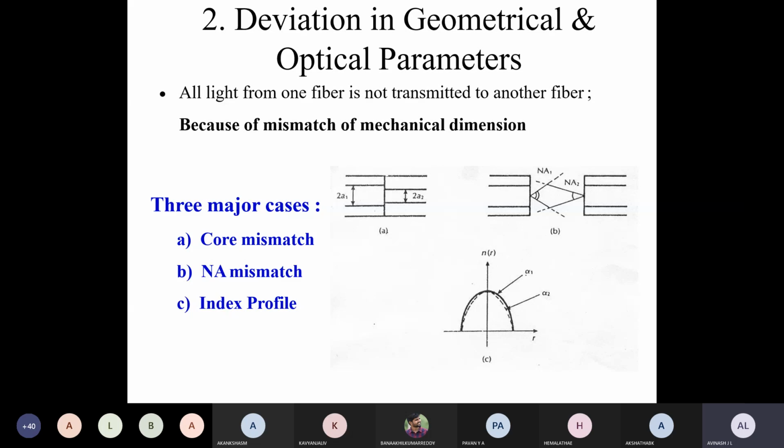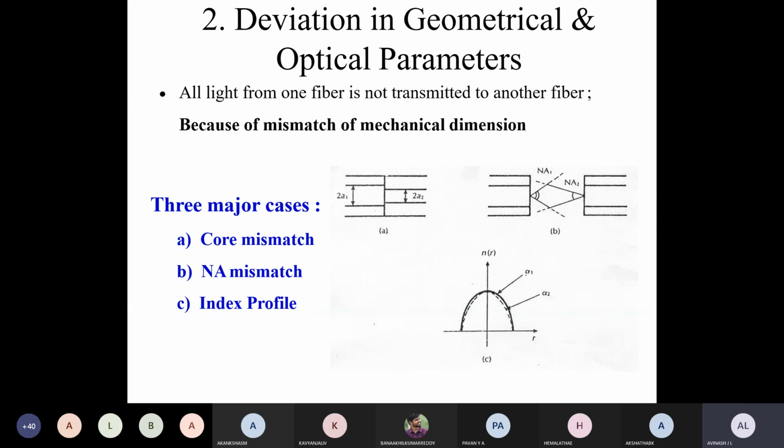The third thing is the index profile. The core and cladding refractive indices should match. If there is a slight change, we cannot achieve proper communication. Because of this mismatch of mechanical dimensions, we get deviation of the signal.